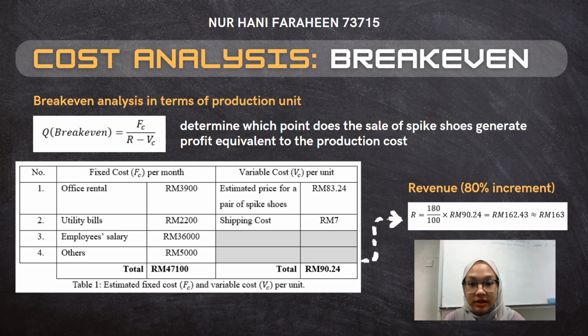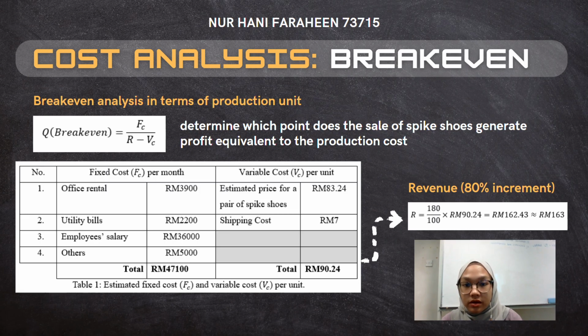I'm going to explain the cost analysis. In this project, we do cost analysis using break-even analysis. The simple theory is that break-even analysis is used to determine at which point the sole of spike shoes generates profit equivalent to the production cost. Briefly, the fixed costs are the expenses that the company pays every month, which are office rental, utility bills, total salary of 20 employees, and others.